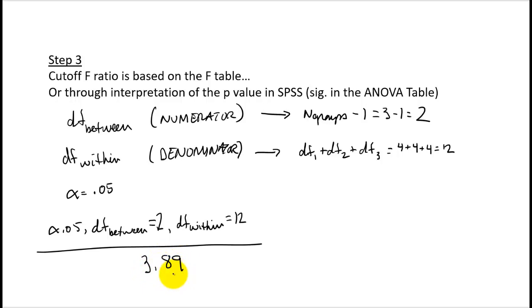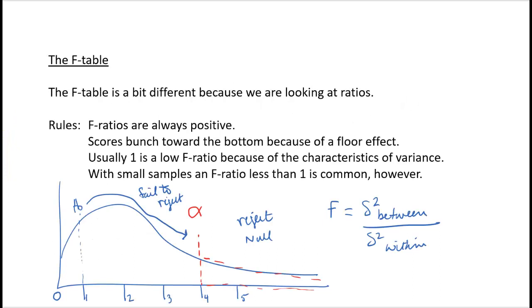So on my F distribution, 3.89 is more or less where this alpha level is, for the demonstration anyways. If my F ratio of the actual sample is greater than that, then I can reject the null hypothesis. If it is less than that, then I fail to reject the null hypothesis. So step number 3 is complete.